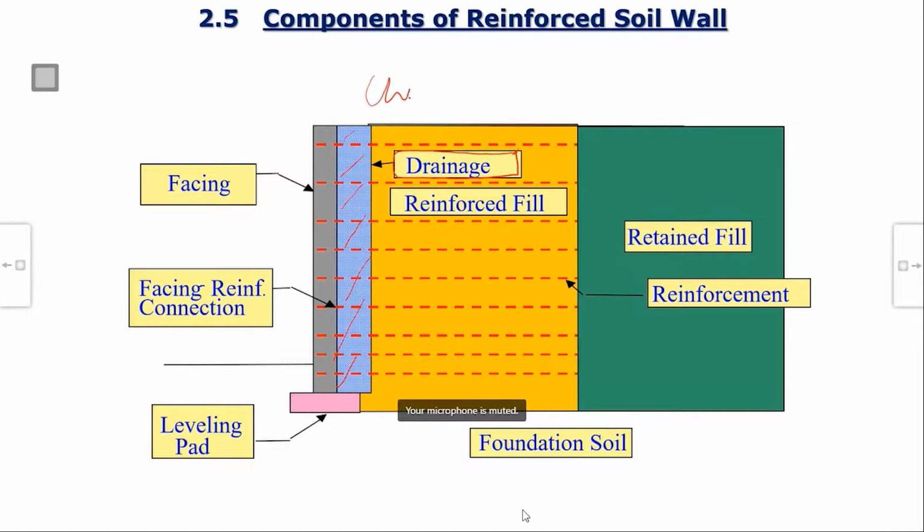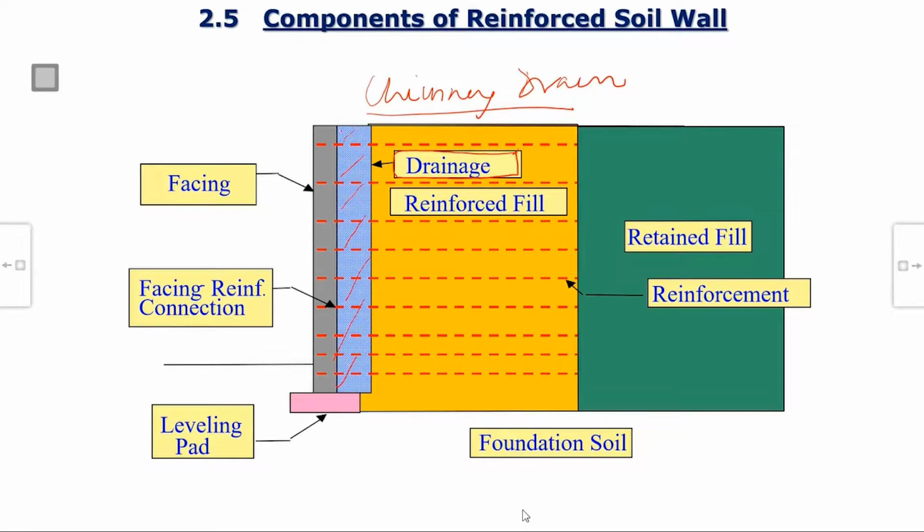Many times, because it is a vertical element, it is also known as chimney drain. But this is an element which runs vertically right from top to bottom, and then at the bottom there has to be some arrangement for water to go out from here to outside. Either we put a pipe here and take it, or give an outlet here and then it goes out. But water has to be collected, very, very important, from top as well as from this.